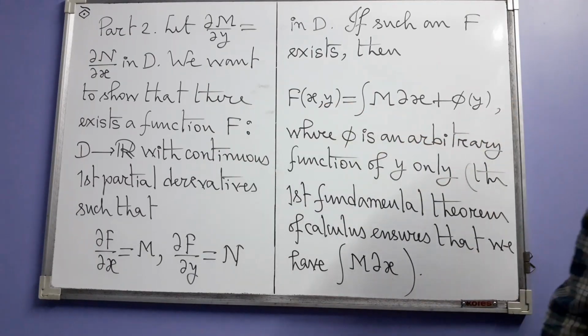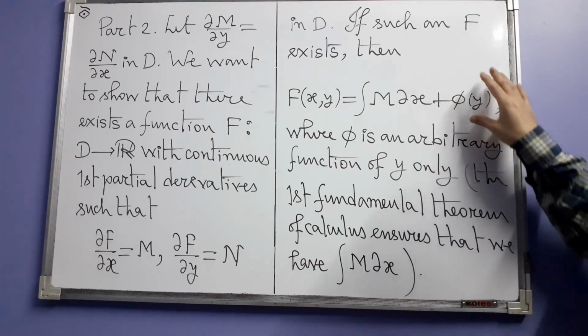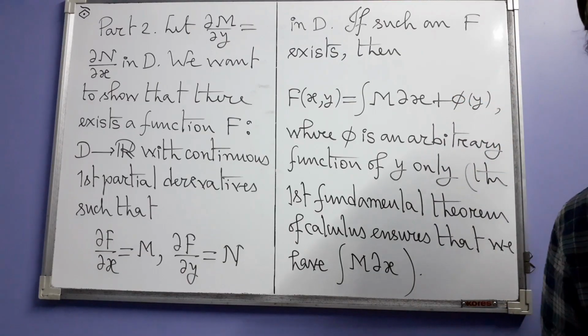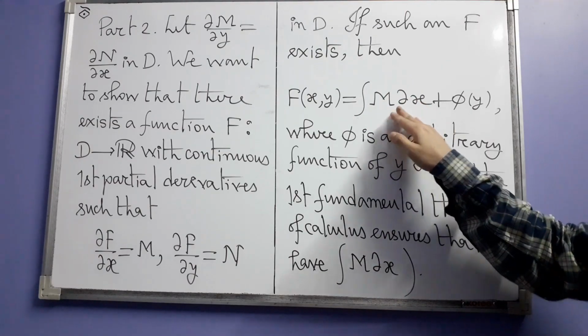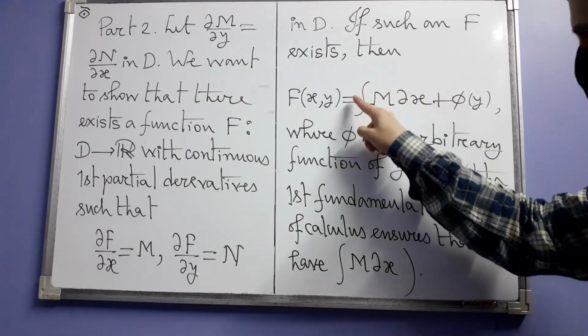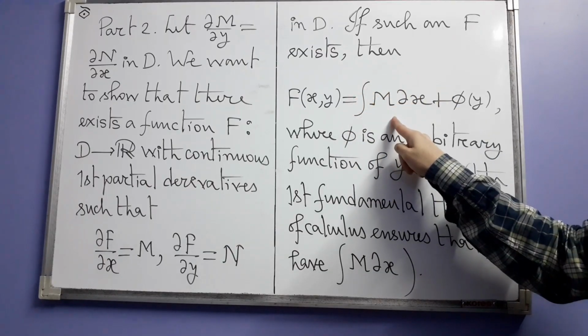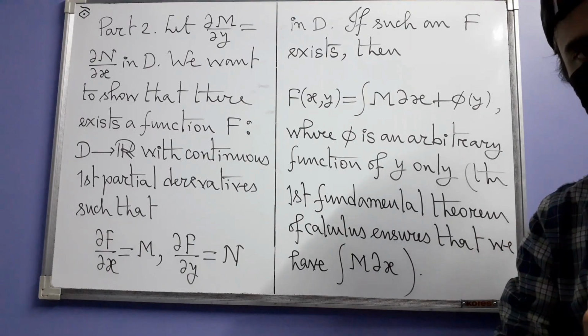Differentiate both sides partially with respect to x. That will contribute, this term then will contribute 0, whereas this will give you M. That means the integral that you are looking at here is an antiderivative of M with respect to x.